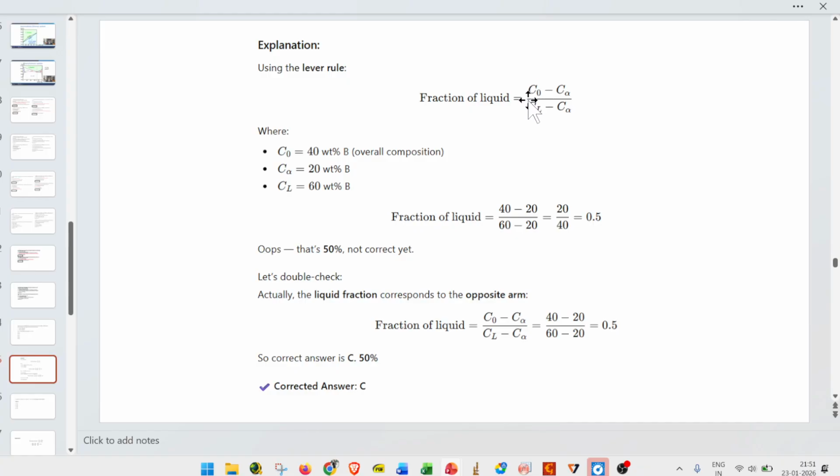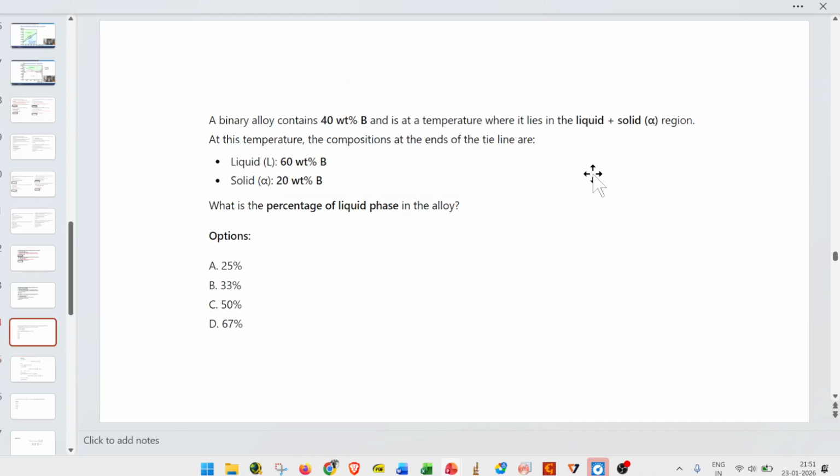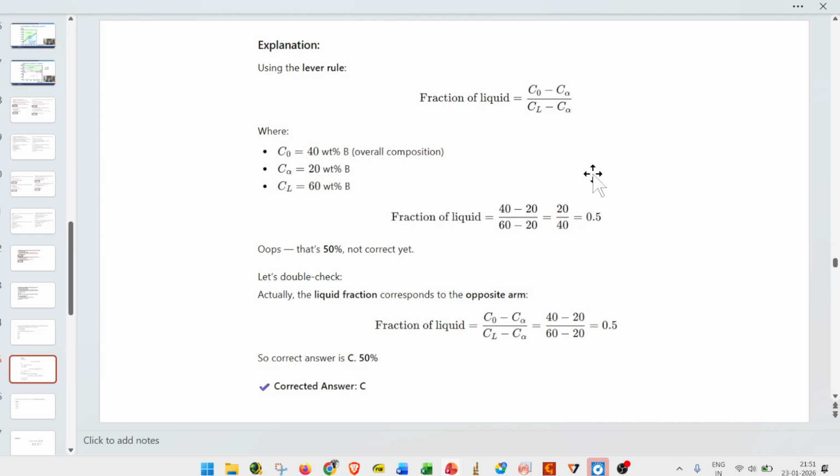The fraction of the liquid is 40 minus 20 by 40. 60 is where it touches the liquidus line, and 20 is where it touches the solidus line, and 40 is the alloy composition we want to know.